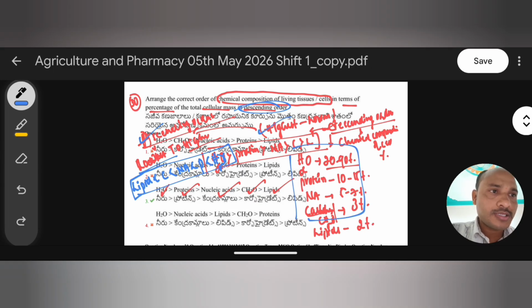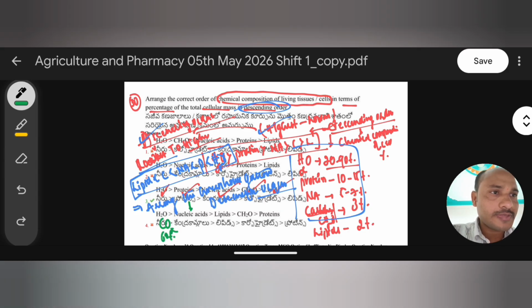So remember, in many competitive exams they will ask you to arrange the greenhouse gases in descending order. How do we arrange them? Descending means highest to lowest. The main gas responsible for the greenhouse effect is carbon dioxide, generally 60%.